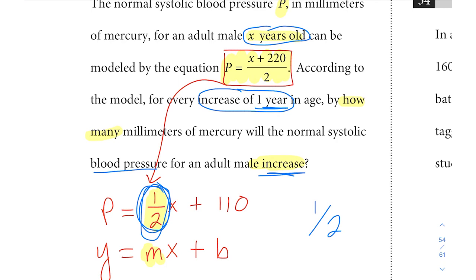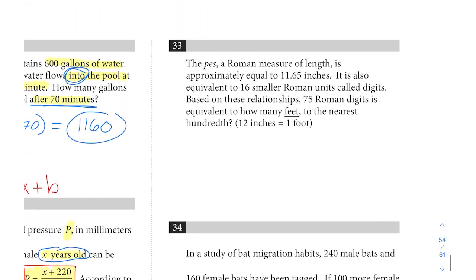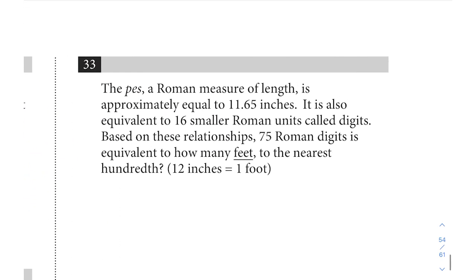So for each year of increase in age, they're asking for the blood pressure increase, and that's going to be equivalent to your slope in this expression, which is 1/2. Again, there's no calculation required here, so long as we can accurately recognize that this is an application of our slope-intercept form. Up next, we'll take a look at question 33.